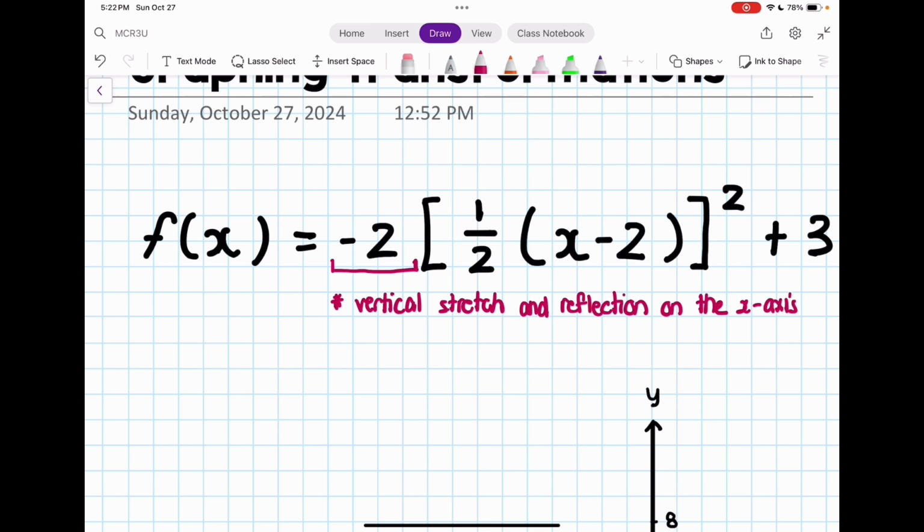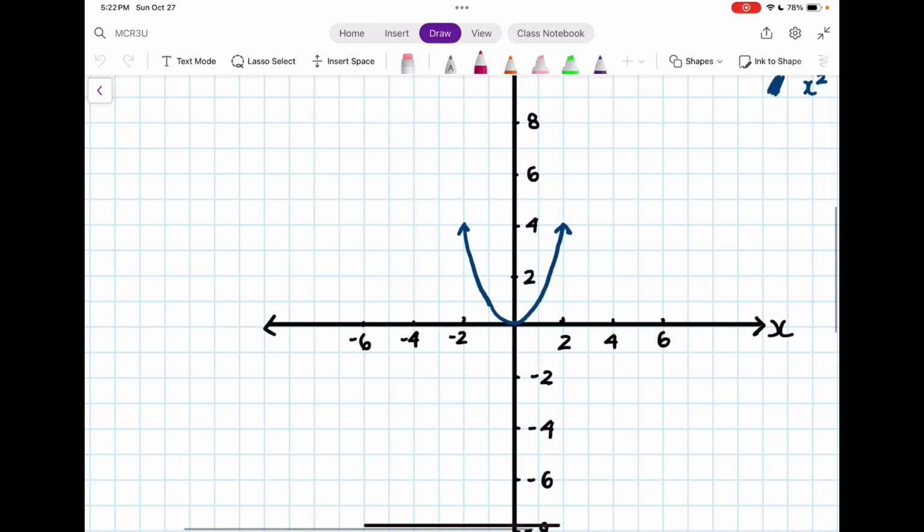So what we're going to do is we multiply the y values of my points by the value of a. So in this case, it's by -2. So if my a value was just 2, I'd be multiplying it by 2. If it was a half, I'd multiply by a half. If it was -3, I'd multiply by -3. Okay, so that's how we're going to graph it.